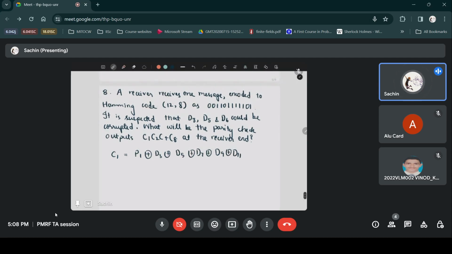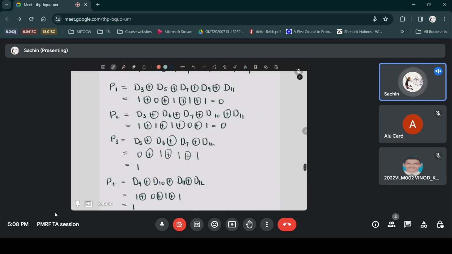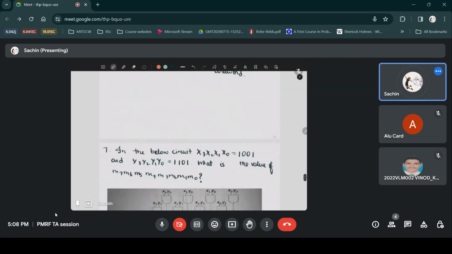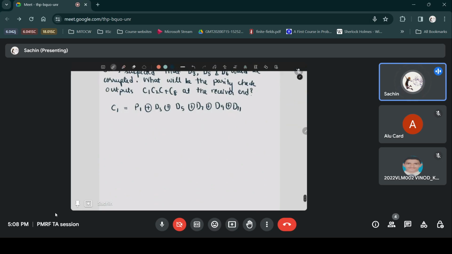And as we saw in the other question, to generate P1 we use D3, D5, D7, D9, and D11. So while checking, we'll XOR with the same exact bits along with P1 also.